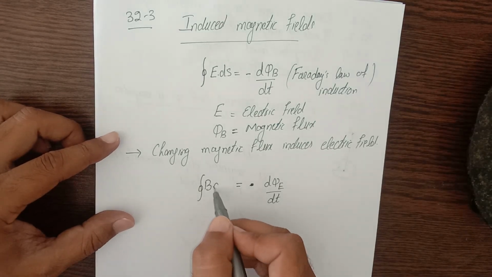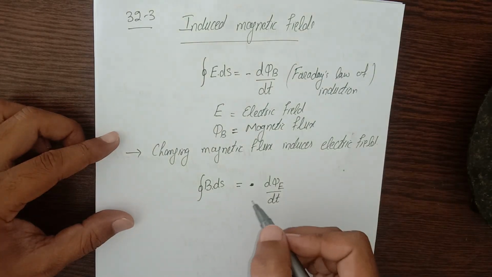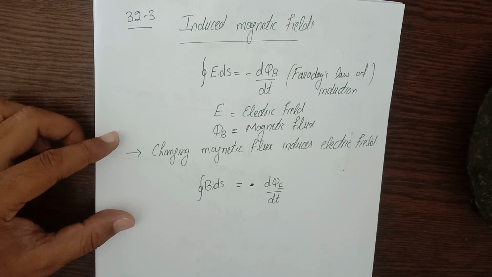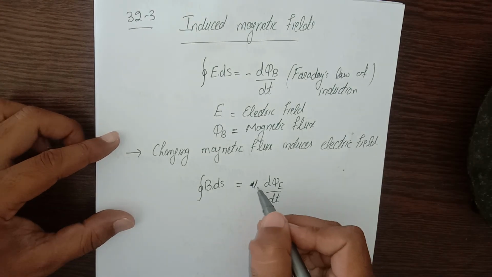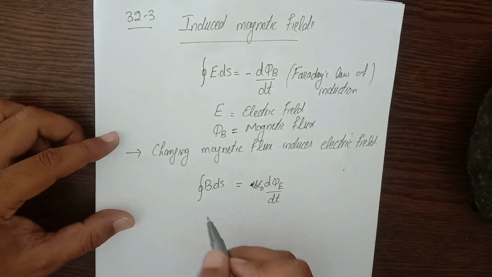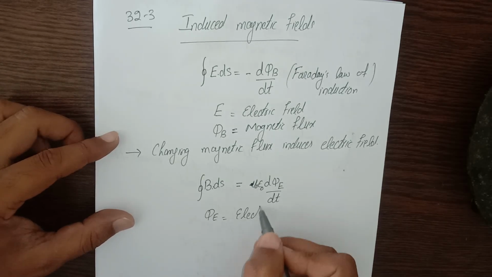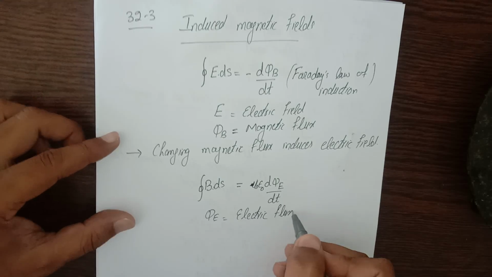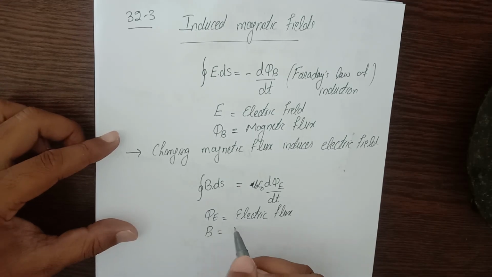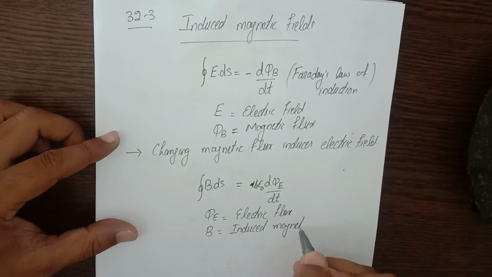It produces an induced magnetic field in the form closed integral of B dot ds, and to make the dimensions equivalent, this would be equal to mu naught epsilon naught d phi E by dt, where phi E is electric flux and B is the induced magnetic field.